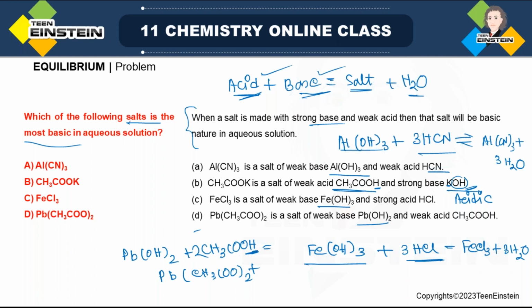This base is weak and this acid is also weak, but to conclude whether it is acidic or basic, at least one of them should be strong. Only in the second option do we have the strong base KOH. That is why the second option is the correct option. Fine.